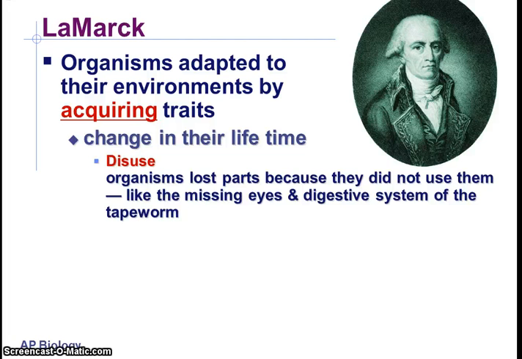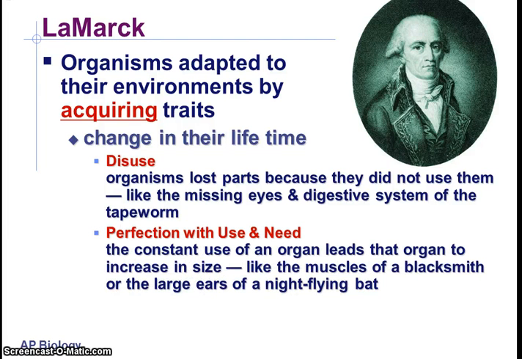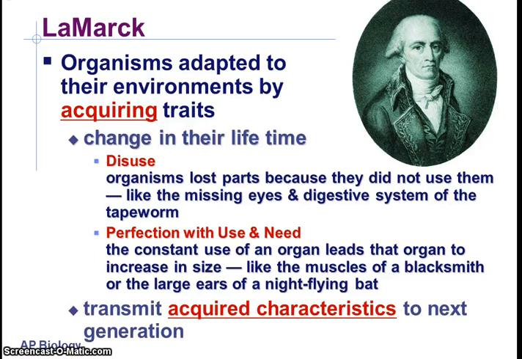Missing eyes, and the digestive system of a tapeworm. It doesn't use it because it feeds off of us, so it gets lost. And then you get perfection with use and need. Constant use of an organ makes it increase in size: the muscle of a blacksmith, large ears of a night flying bat. And you can transmit those characteristics to the next generation.